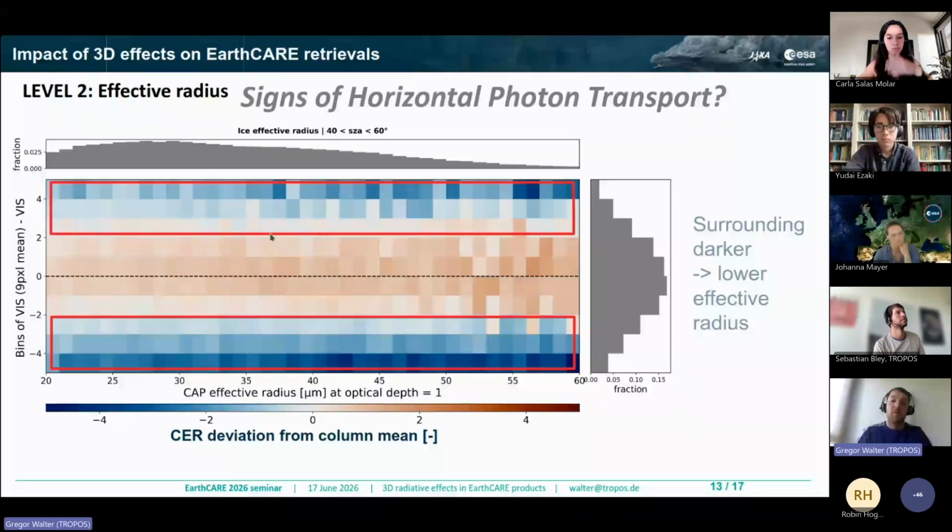But we can also see that we have negative values for the positive, and this indicates that the overall high variability within the 9 pixels leads to a lower effective radii.